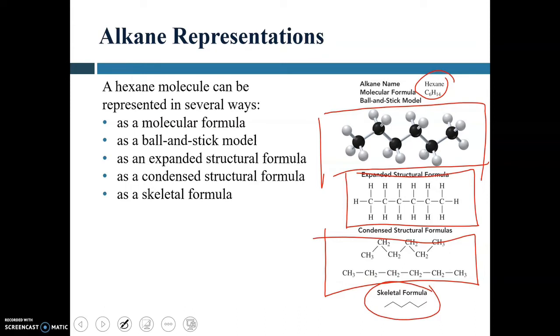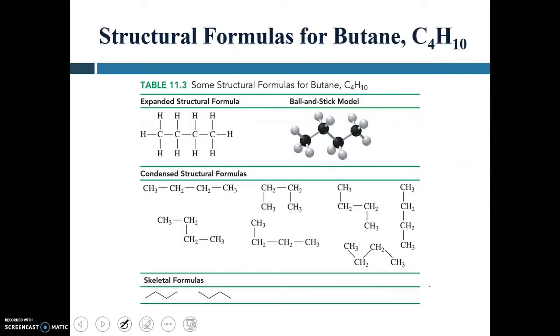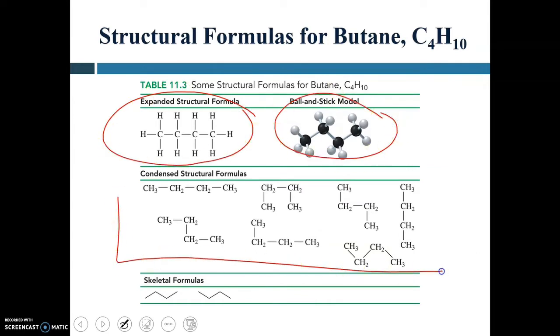All of these representations are correct. So for butane, for instance, you can do an expanded structural formula, ball and stick. Look how many different condensed structural formulas you can draw, because the angles are not particularly fixed here, and then the skeletal formulas.